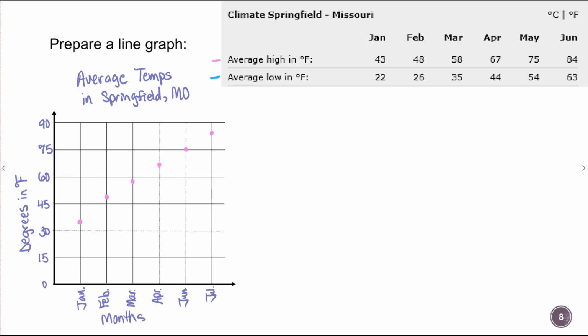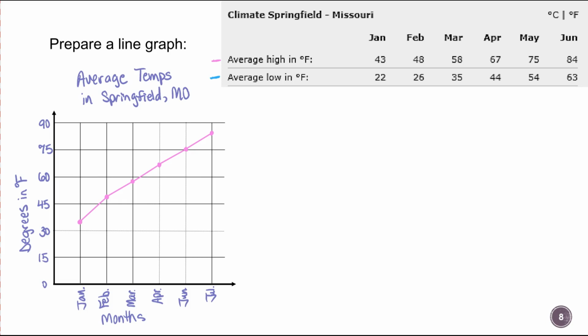And so you can see that it's a pretty steady trend, and I'm going to connect those. I have a drawing device that makes nice straight lines, so there it would be our average high temperature.